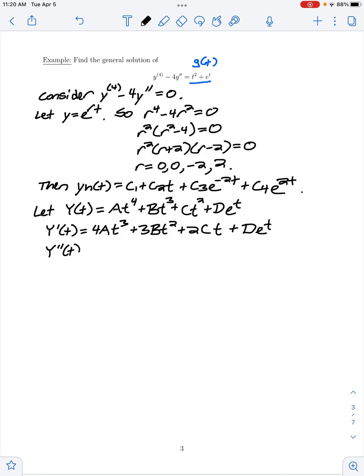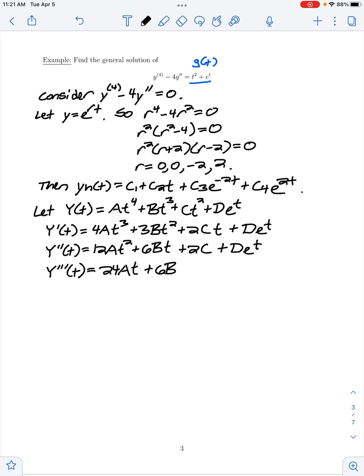For the second derivative, we would have 12a t squared plus 6b t plus 2c plus d e to the t. For the third derivative, we would have 24a t plus 6b plus d e to the t. And then lastly, for the fourth derivative, we have 24a plus d e to the t.